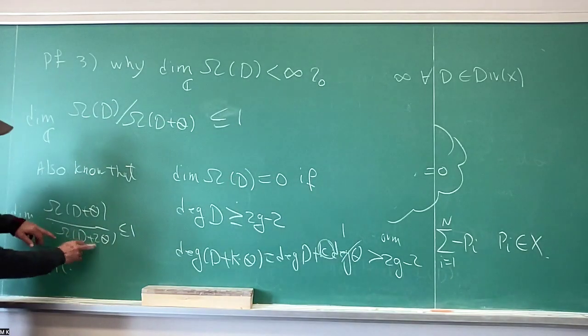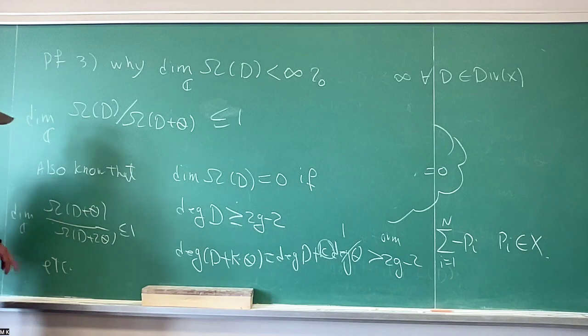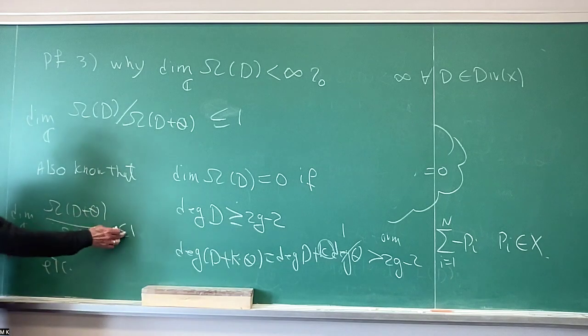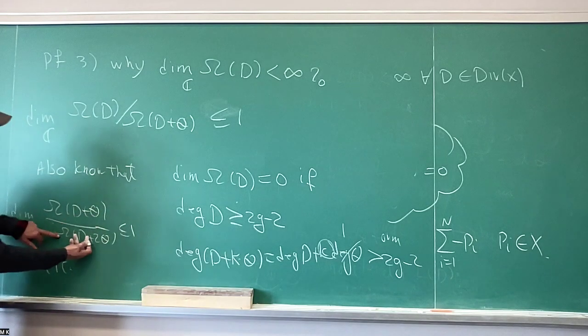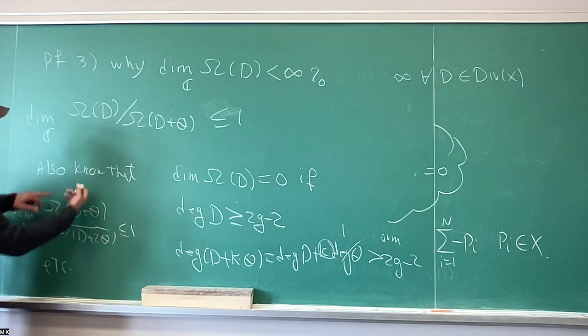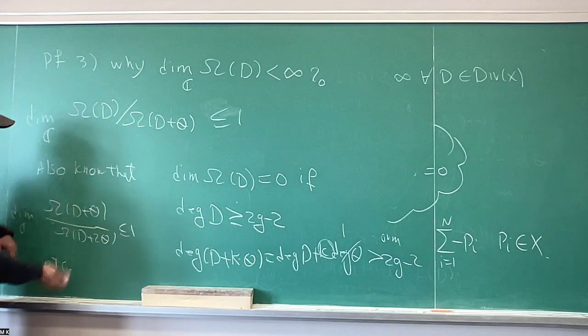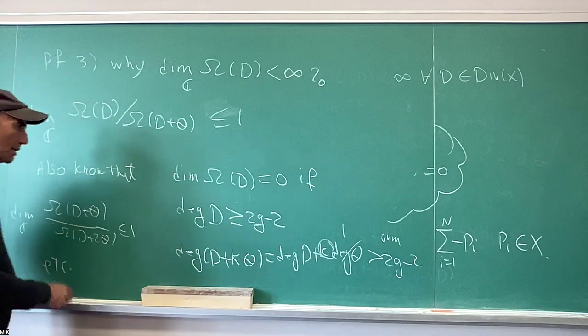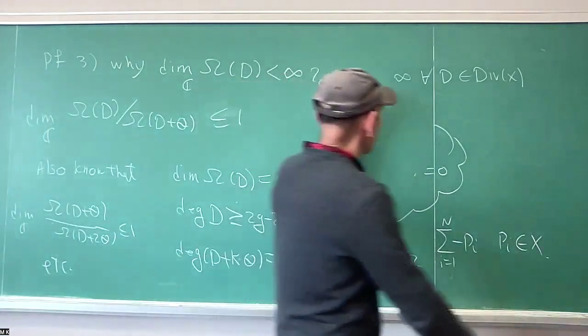So there is some index k such that this is less than or equal to 1. So we get this is 0, so this is less than or equal to 1, less than or equal to 2, and then it's finite. So okay, backtrack.